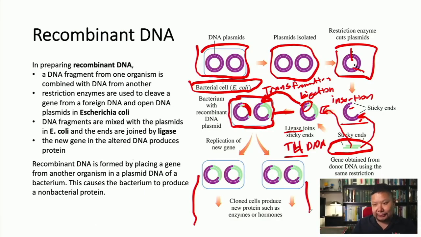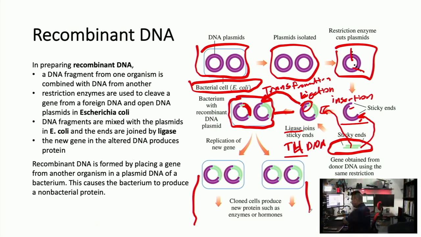Which in this case was the protein we want, which is luciferase, my blue light producing enzyme. And that's the basis of most recombinant DNA. Using a plasmid from E. coli, using restriction enzymes to cut it open, also using PCR to amplify, make a whole bunch of a gene that we want from a different organism, right?